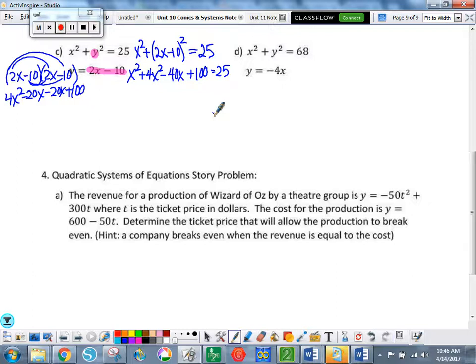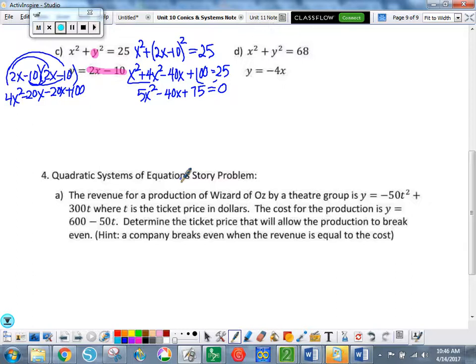Now we're going to combine like terms and move our 100 over to get 5x squared minus 40x, and then subtract the 25, so plus 75, because our whole goal is to get equal to 0. And if I get it equal to 0, I can either factor it or use the quadratic formula.